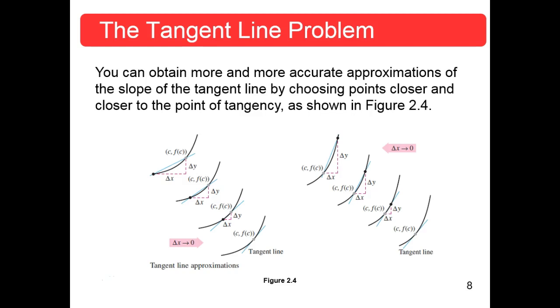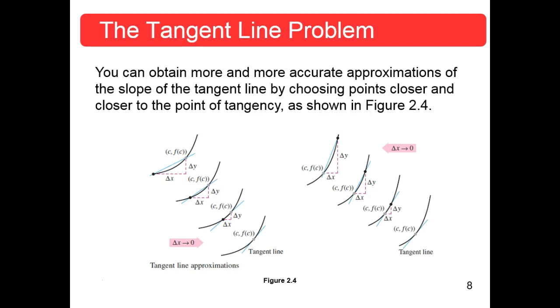Let this value get closer and closer to that one, and you see your secant line is here, then it's here, then it's here, and ultimately it becomes your tangent line as the delta x is getting closer to 0. Over here, they let the (c, f(c)) be here, your delta x is positive, delta y would then be a positive value too, and here your slope of your secant line is here, then it gets closer here, then it gets closer there, and ultimately becomes a tangent line there. As you let your delta x get closer and closer to 0, there and here.